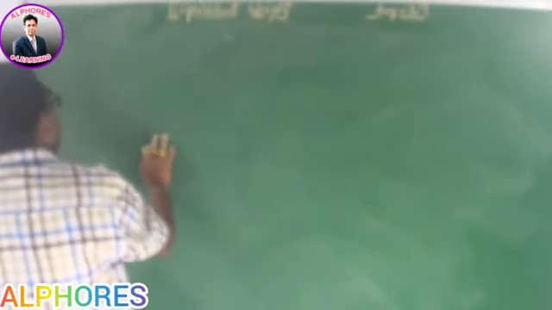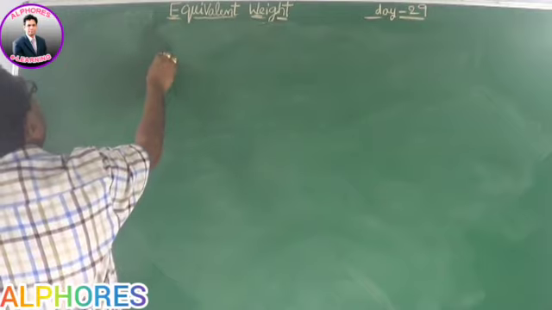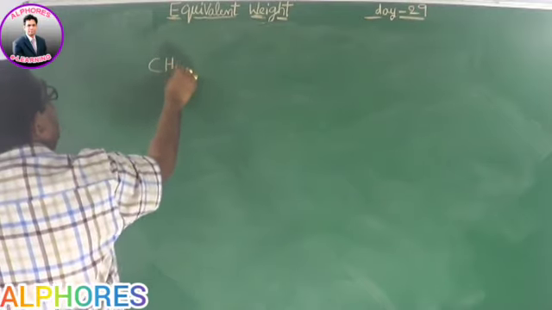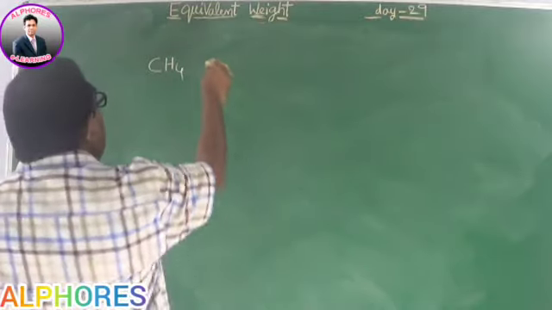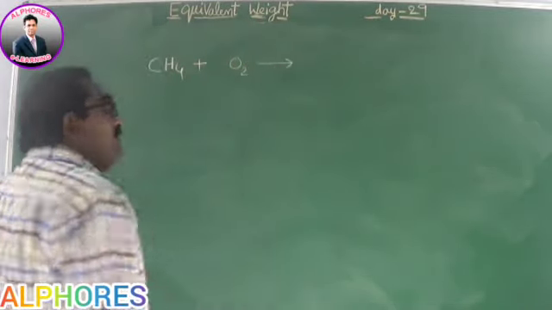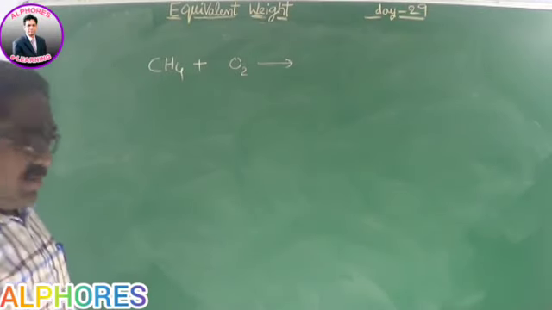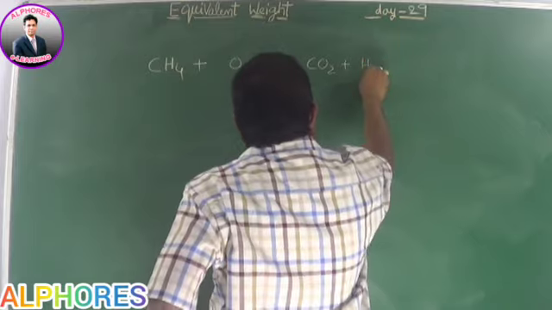Let me explain a simple example. Say, for example, methane, combustion reaction. A hydrocarbon on combustion gives carbon dioxide and water, as usual.